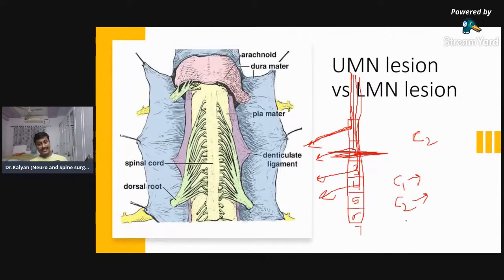What happens to C3? First, I want to say, will there be weakness in C3 segment or not? Dr. Shivang, I want you to answer, will there be weakness in C3 or not?